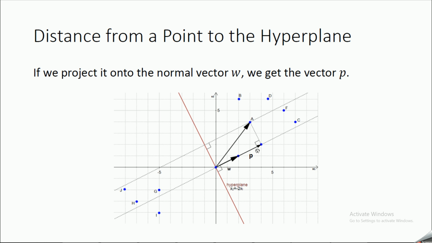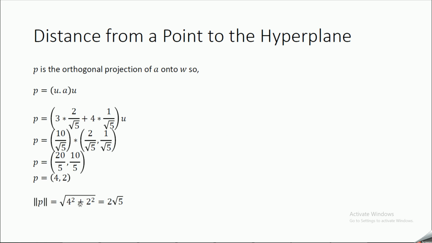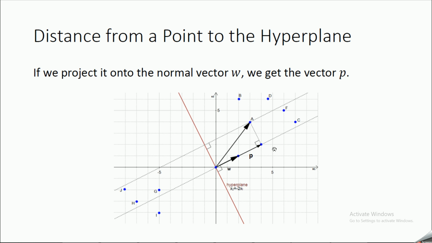Now to find out the absolute value of this P, you simply take the square root of the summation of x square and y square, which is nothing but 2 root 5. Now this value which we have calculated is nothing but one side of the margin with respect to the hyperplane.